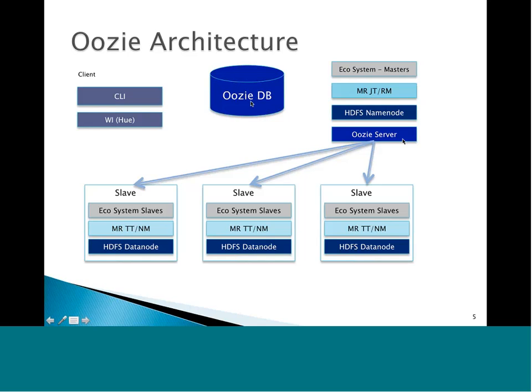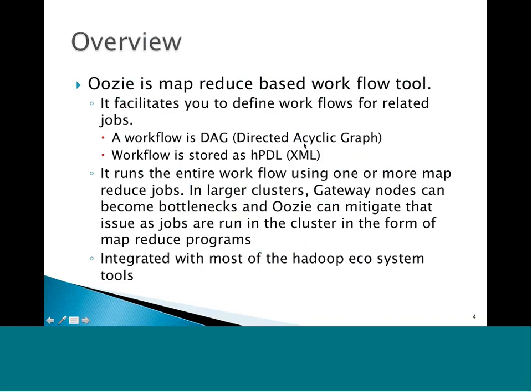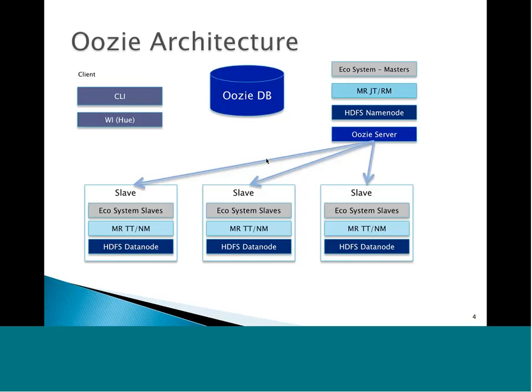Oozie uses a repository to store the workflows, the directed acyclic graphs, which are stored as XML, termed HPDL. There needs to be a repository to store those, and it uses a typical relational database. By default, it uses Derby. Derby is an in-memory database, and in production we do not use a database like Derby, so we have to reconfigure it to use MySQL.